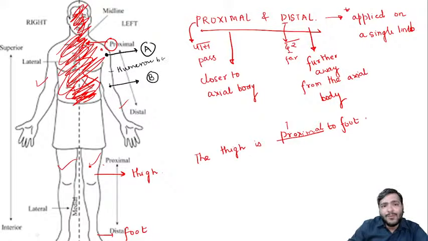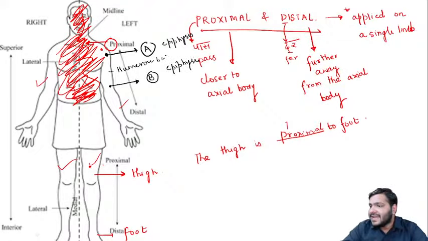One will be A, one will be B, and both of them are referred to as the epiphysis of the humerus bone. Can anyone tell me which one will be the proximal epiphysis and which one will be the distal epiphysis?